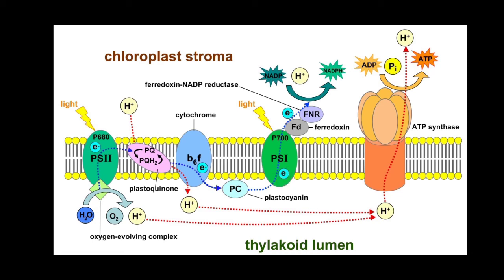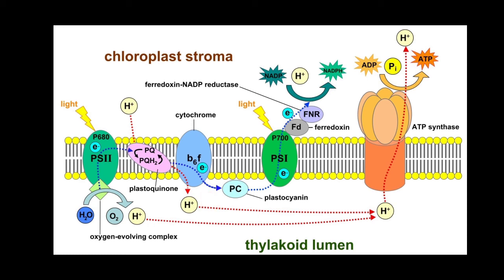Now, once this process ends with the production of NADPH, we may think that the process is over because the electron transfer has completed. It ended right there with the production of NADPH2. But at the same time, there are a large number of protons present in the lumen.